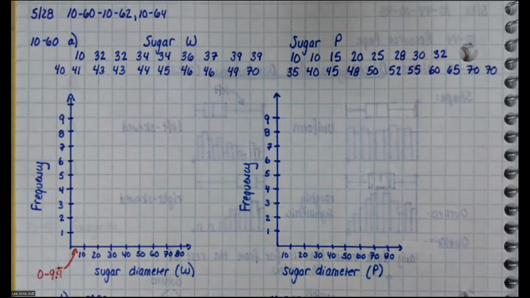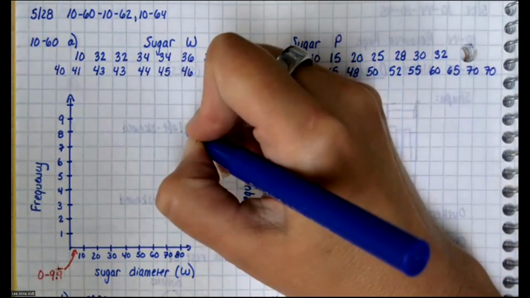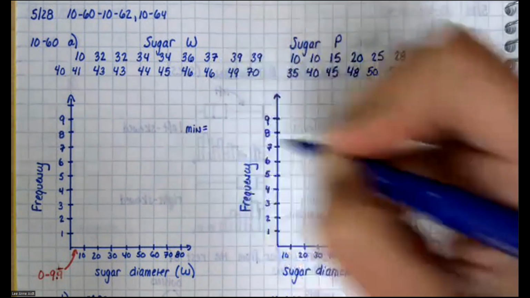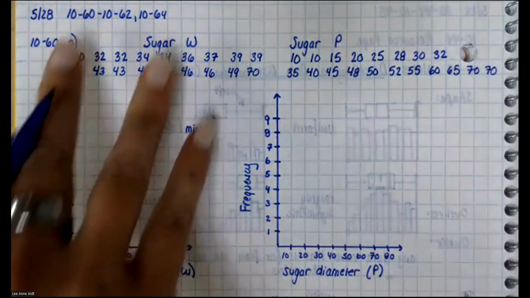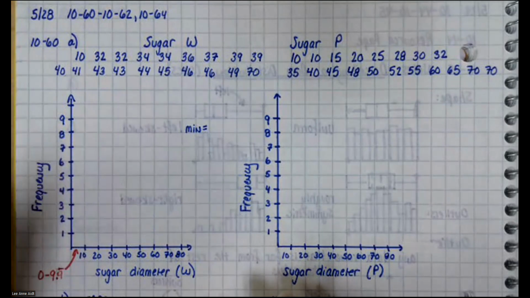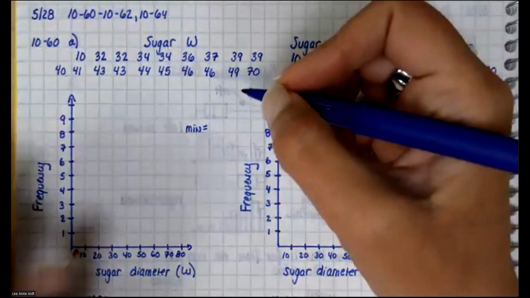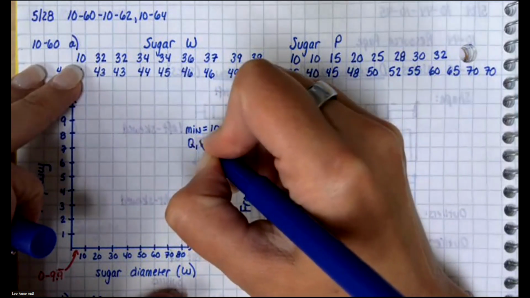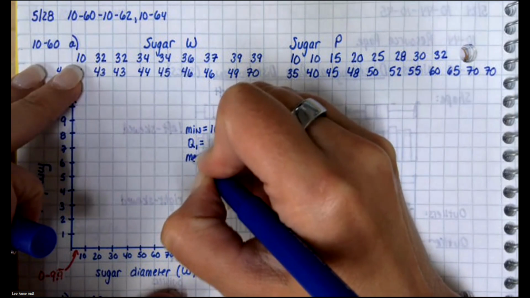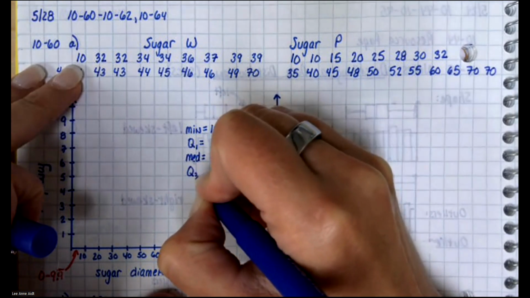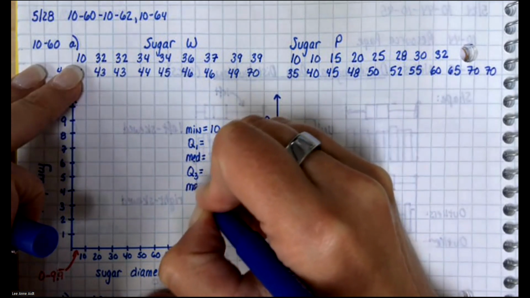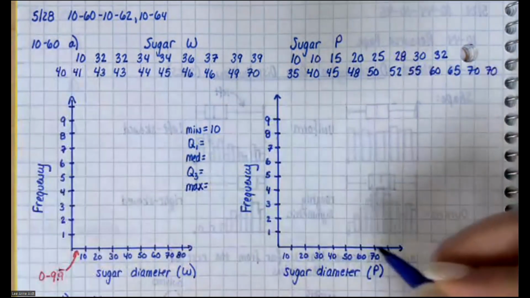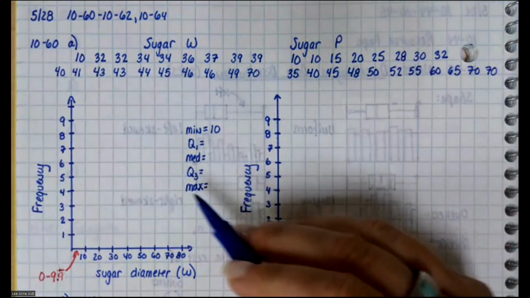Okay, first thing we're going to do is the 5-number summary. So I want to go a little bit slow. The first thing I want to calculate, I'm just working on sugar W at the moment. What is the minimum? 10. This is called the 5-number summary.